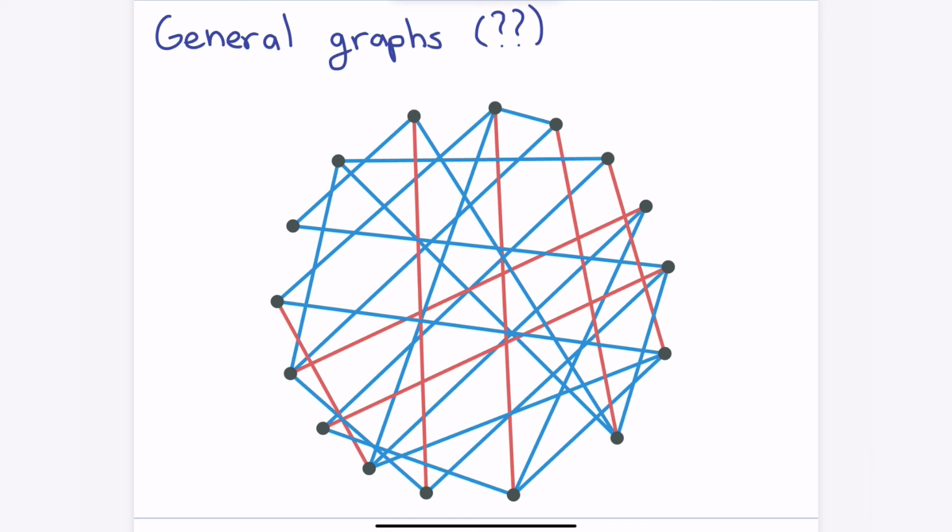What about general graphs? Like here's a free vertex, or here's a free vertex. What would you do in general graphs?